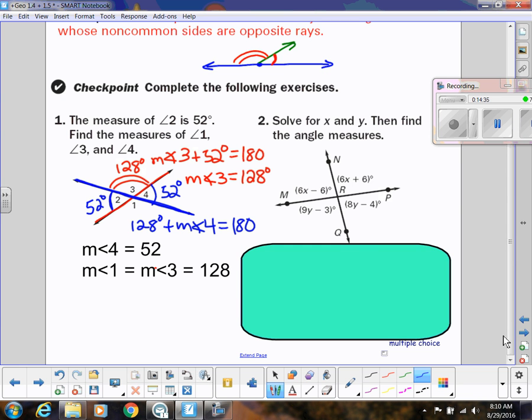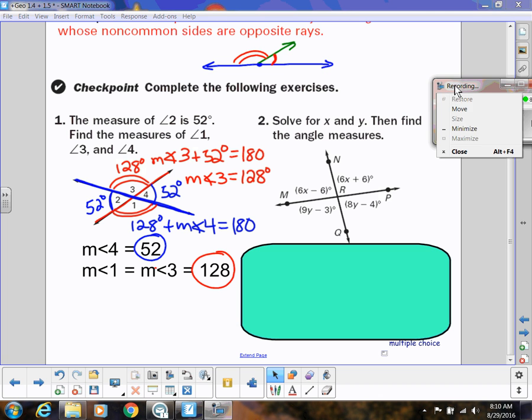And then if I keep doing that around the diagram, I know angle 1 will also be 128 degrees. So notice that angle 1 and angle 3, those are the vertical angles, those were both 128 degrees. And angle 4 and angle 2 were both 52 degrees. Okay, so that's one way we can use that in a geometric diagram.